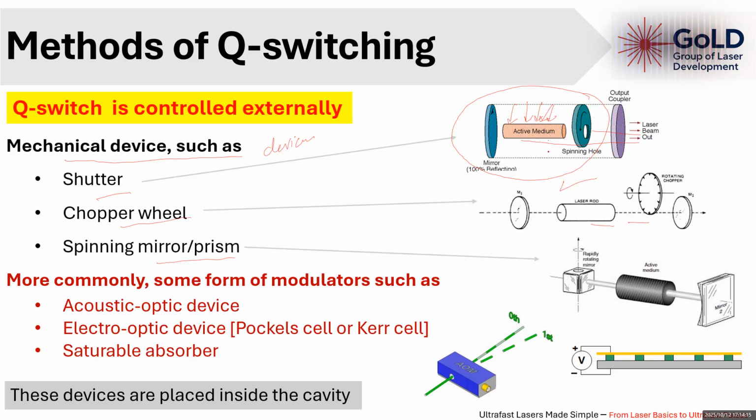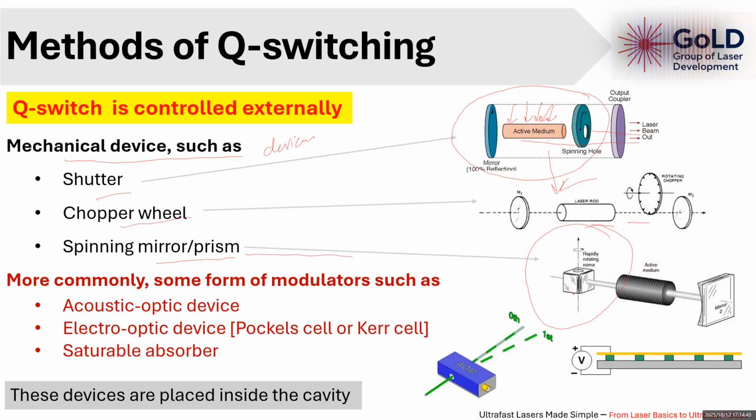The same procedure: it builds up, but when the hole comes, it generates the giant pulse. The third one in the mechanical category is a rotating mirror arrangement, where the mirror is attached to a kind of servo motor and rotates in a short interval of time.